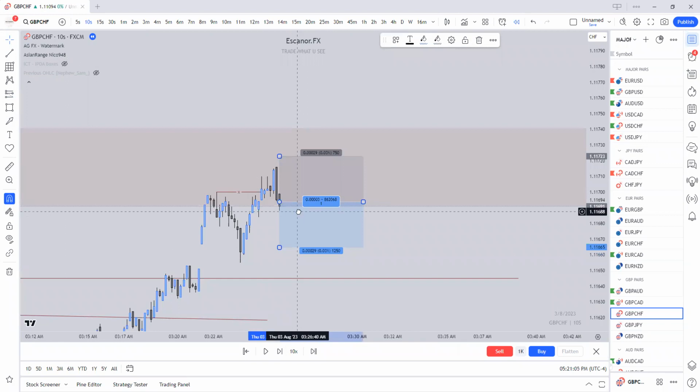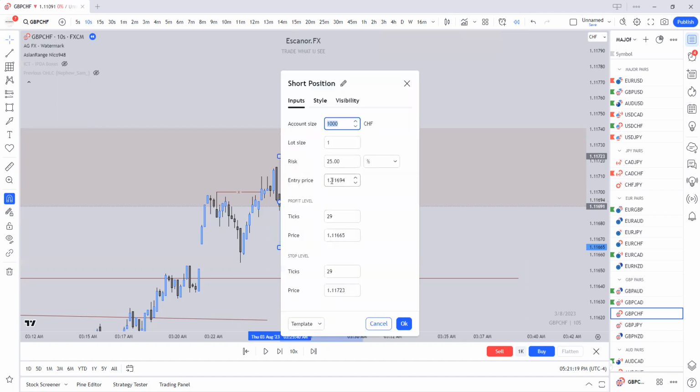Let me check my MT4 to just take the correct entry. Okay, so GBP-CHF, the second entry was at, I think, 1.1669.